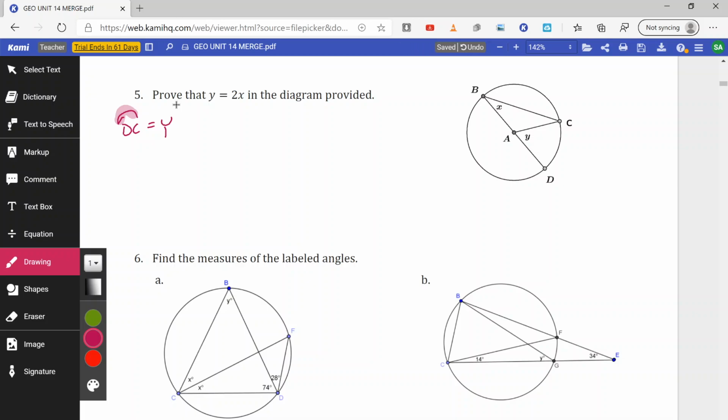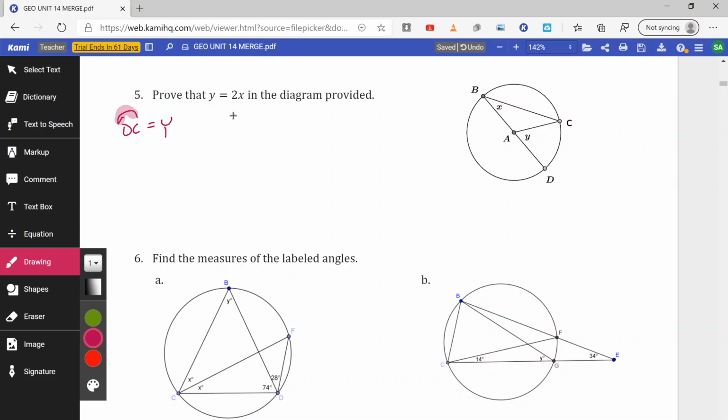Now B is an inscribed angle, so the intercepted arc for angle B is DC. And what we learned with our theorem states that the arc is double the angle.